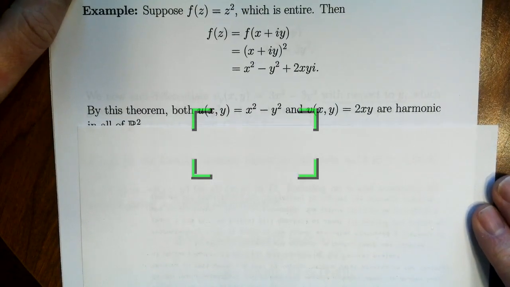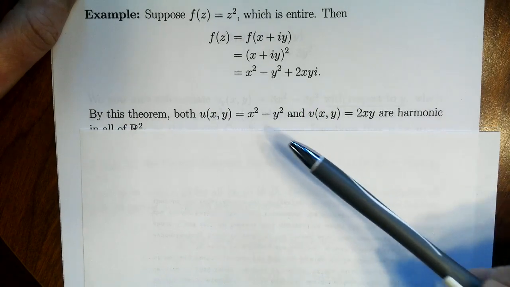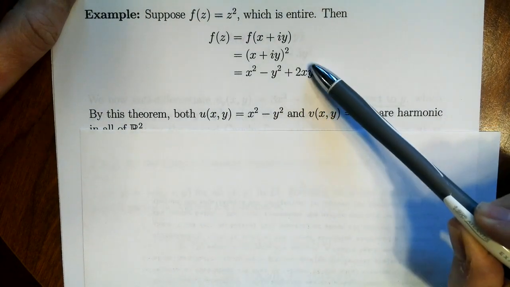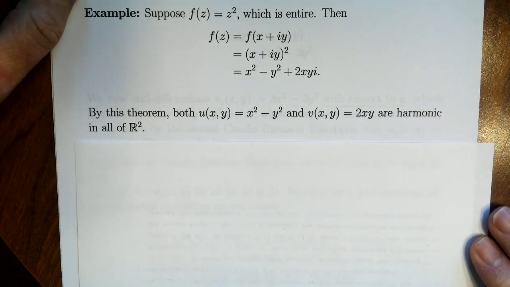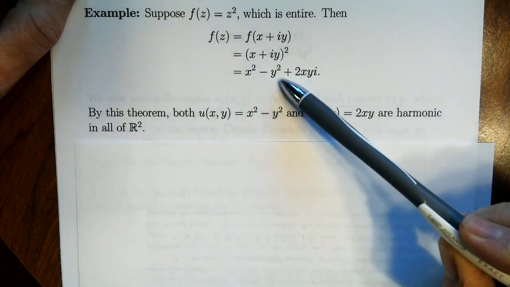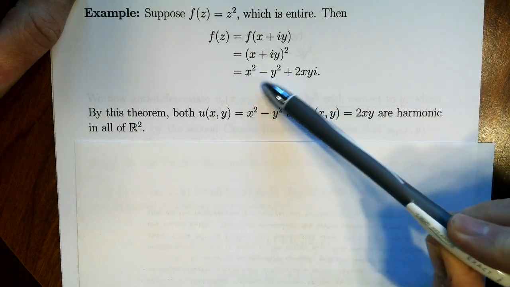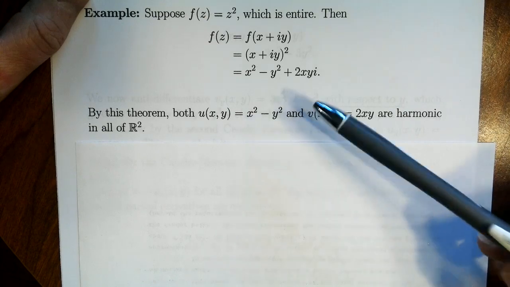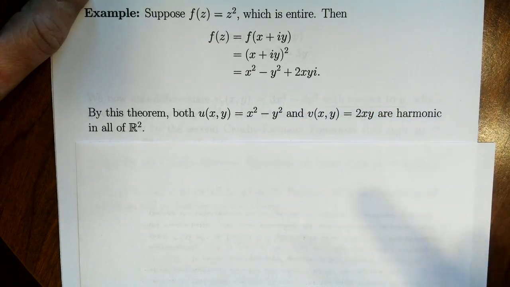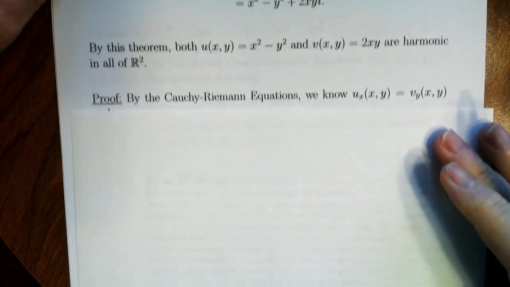By the theorem, both x squared minus y squared and 2xy, the real and imaginary parts, are harmonic in all of R2. On the previous page, we verified this by showing the Laplace operator is 0. Because these two functions form the real and imaginary parts of f, we say they are harmonic conjugates.